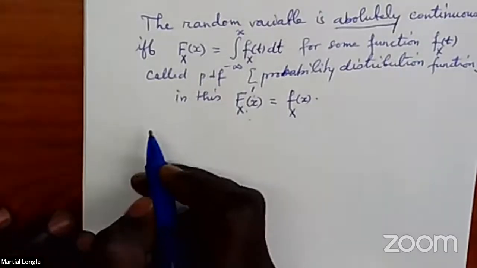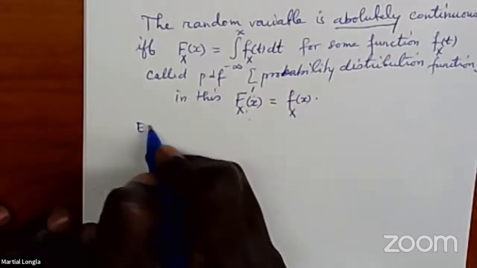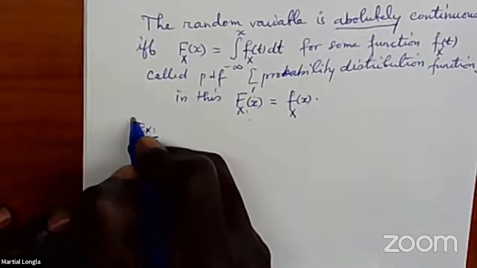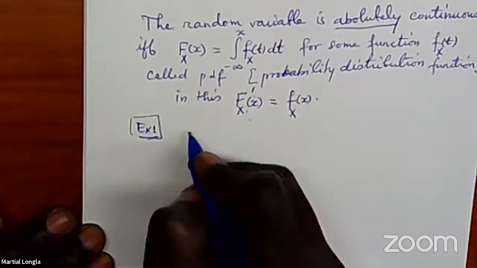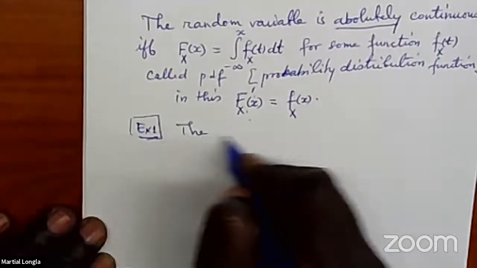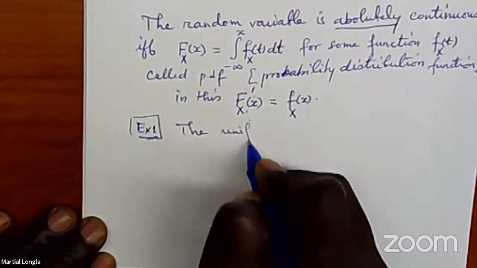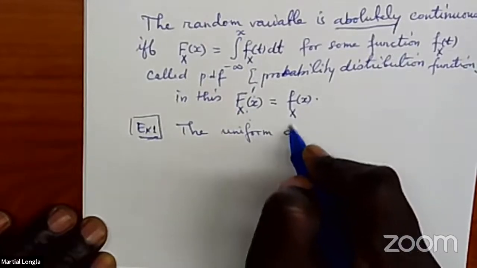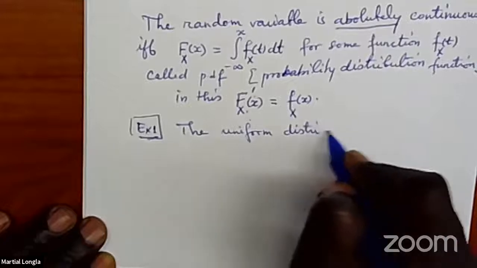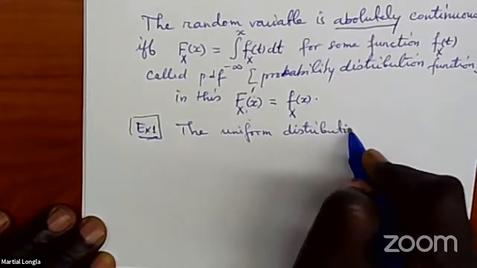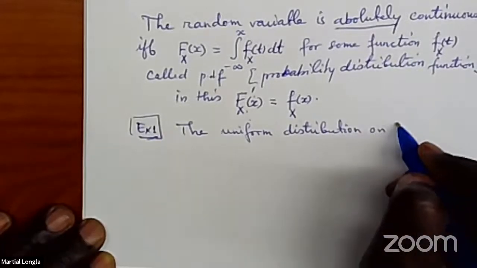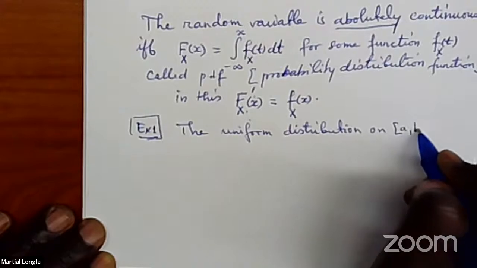So, an example here. What we call the uniform distribution of a, b.